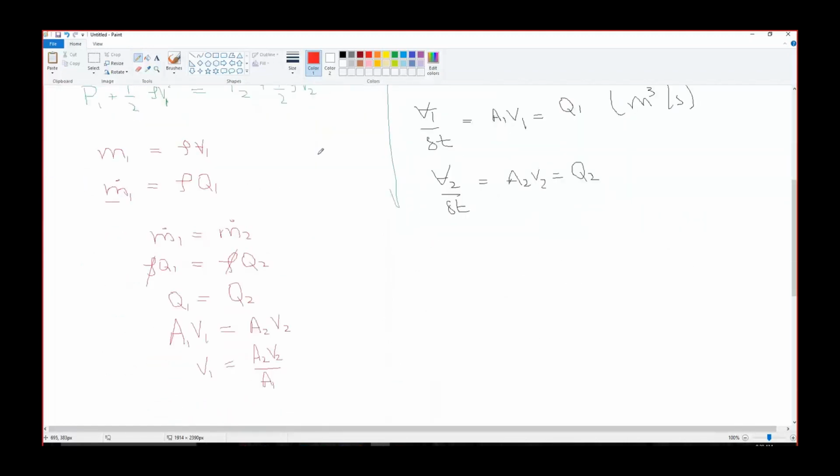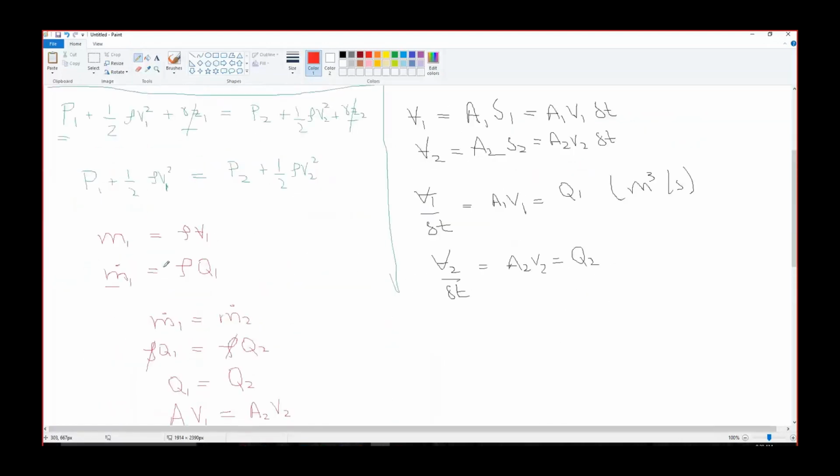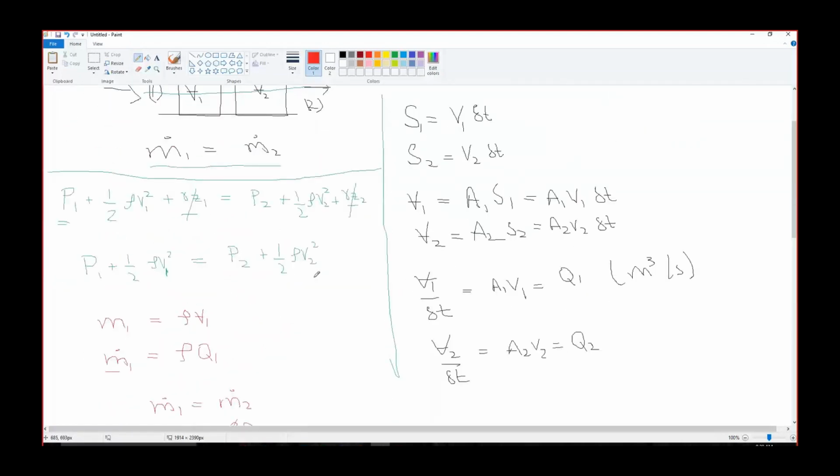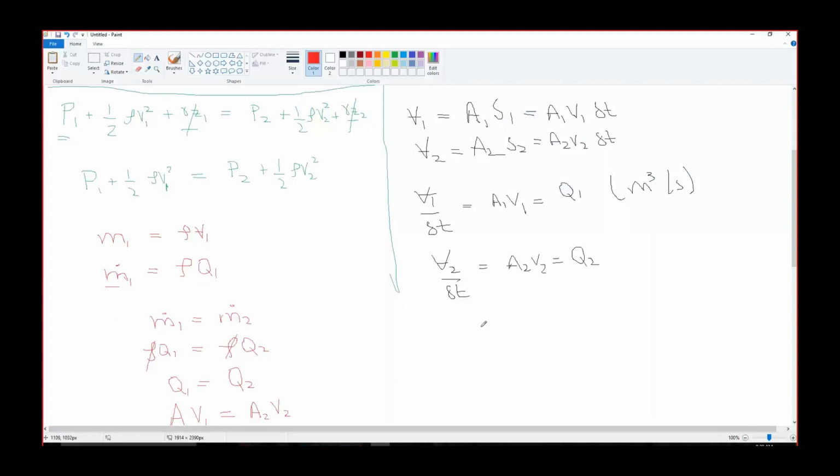So we can write V1 equals A2 V2 by A1. Using this equation we can replace V1 here with this form. I'm just rewriting this equation here to get the velocity.